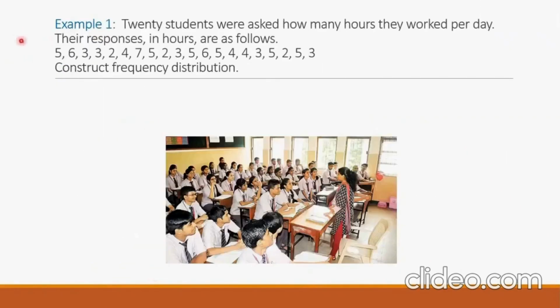Let us see example 1. 20 students were asked how many hours they worked per day. Their responses in hours are as follows. These are the data. Construct a frequency distribution.